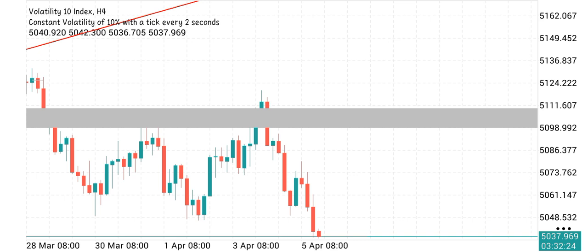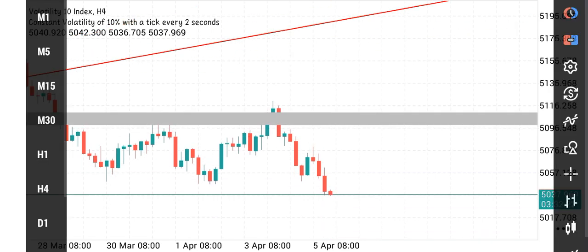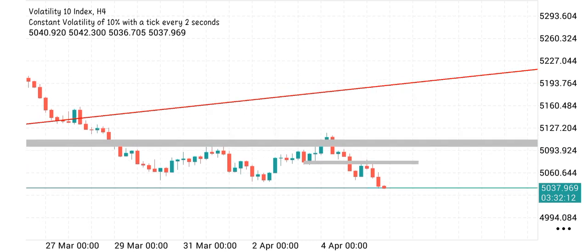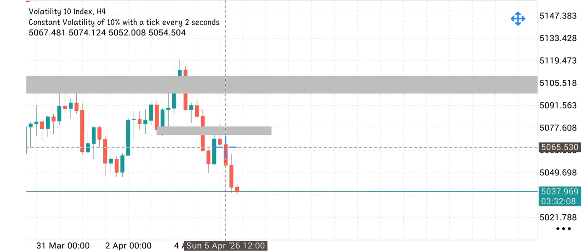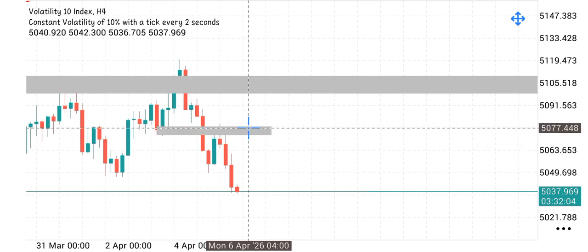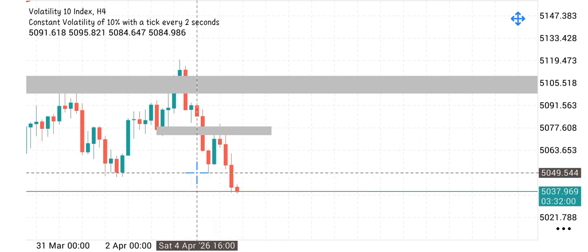On our 4 hours time frame, we had something happening again. We had this level, and the market came back to retest the same level. So the moment the market came back to retest this level, this would have been a perfect point to sell. Then now we are focusing on this specific area.